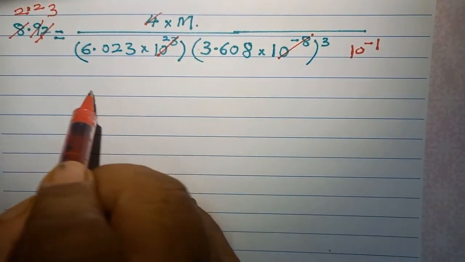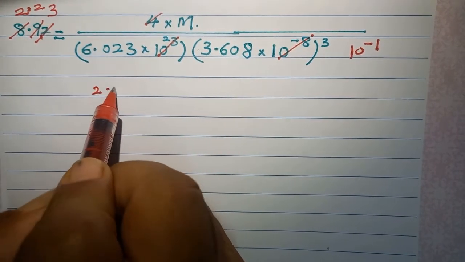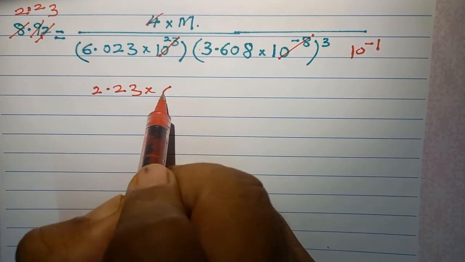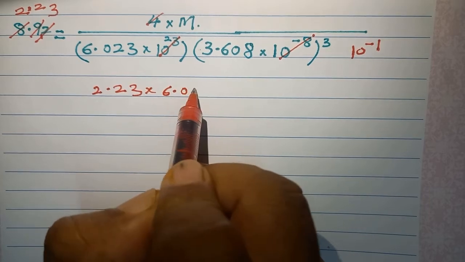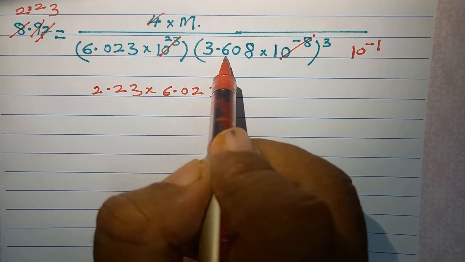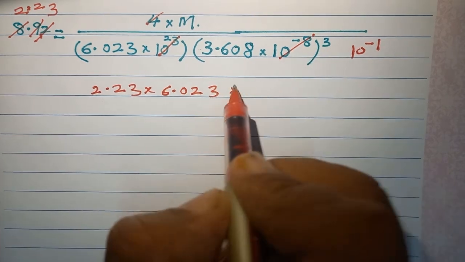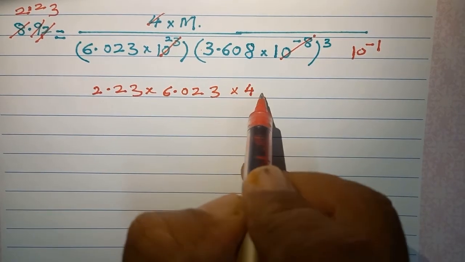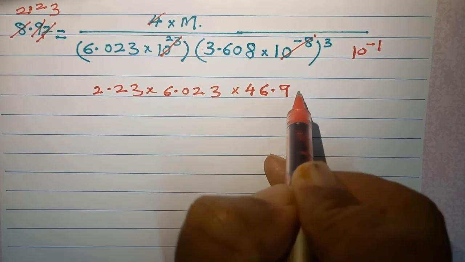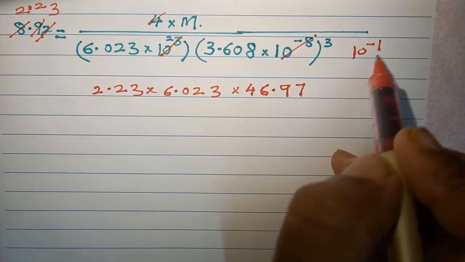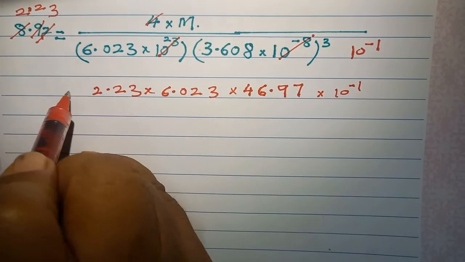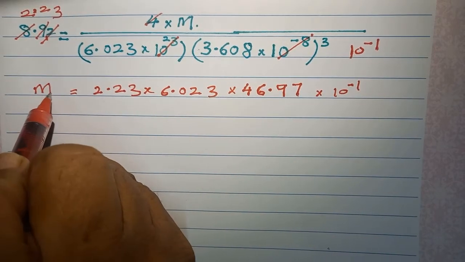Now we can write 2.23 into 6.023 and cube of 3.608 is 46.97 into 10 raised to minus 1 is equal to m.